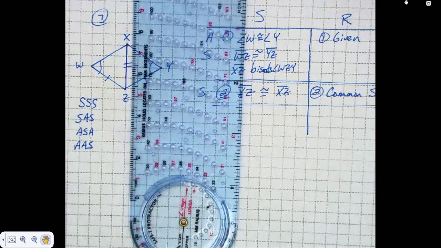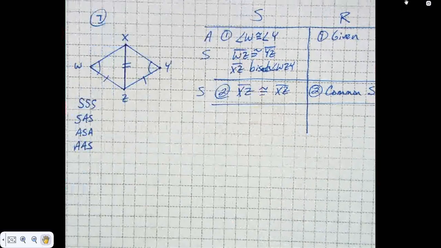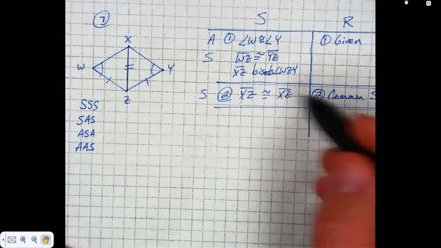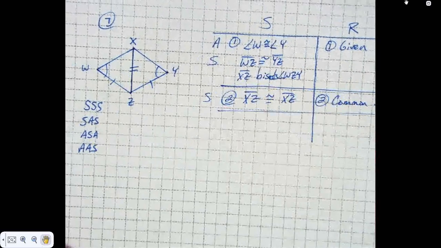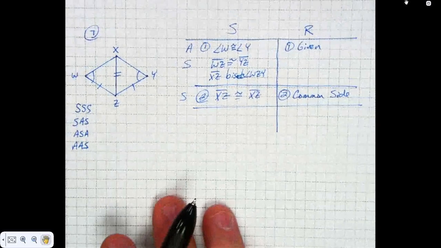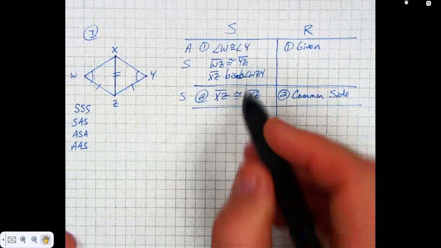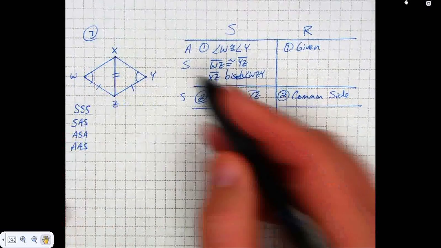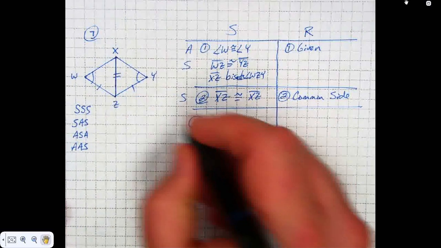So I've got one other thing to try to find. What other bit of information was given to me besides the common side and the two congruent parts they gave me? XZ bisects. That might be important, huh? It says XZ bisects what? Angle WZY. What does that mean?